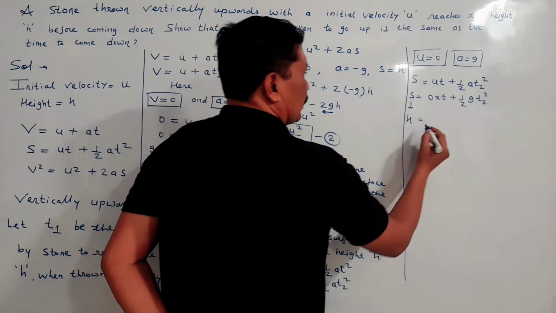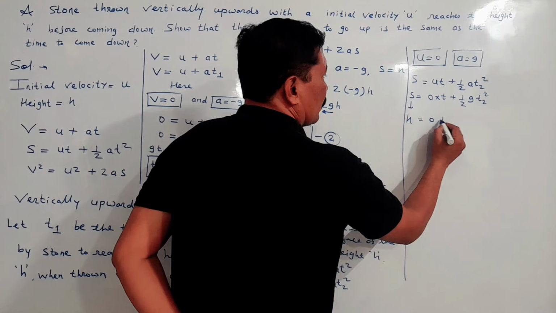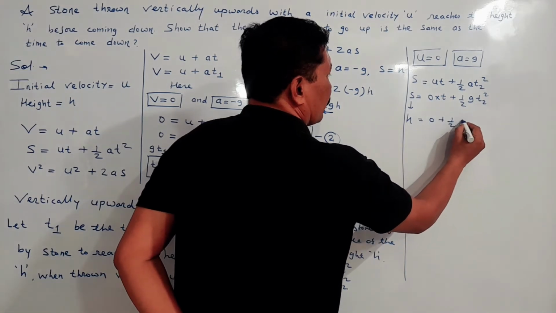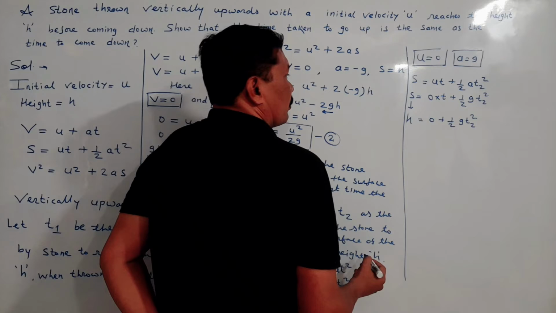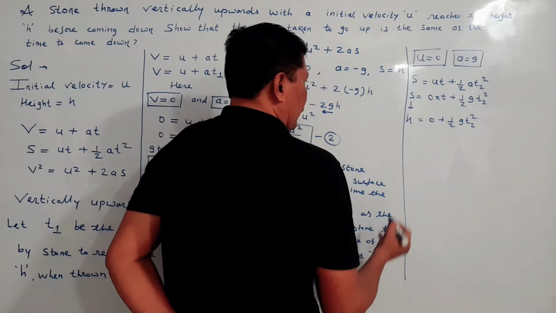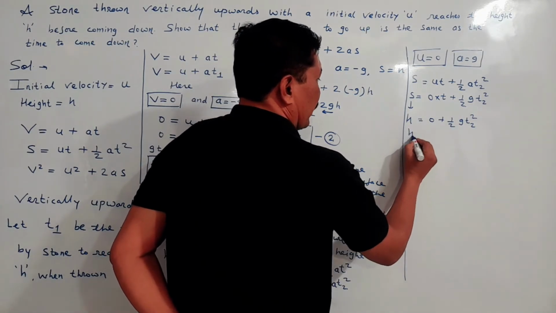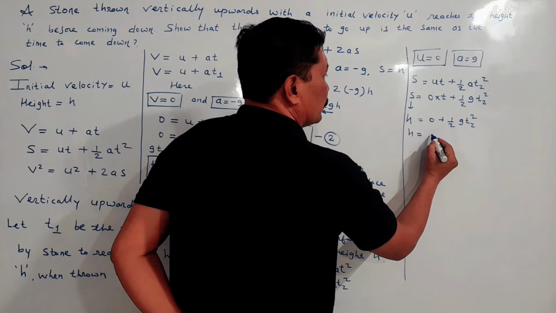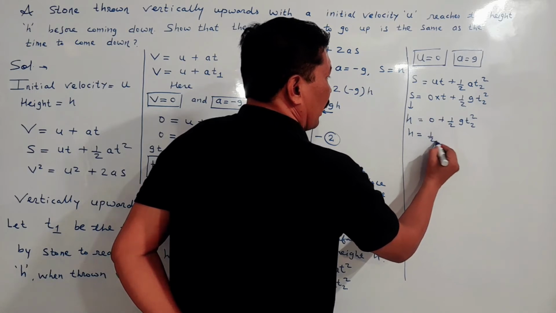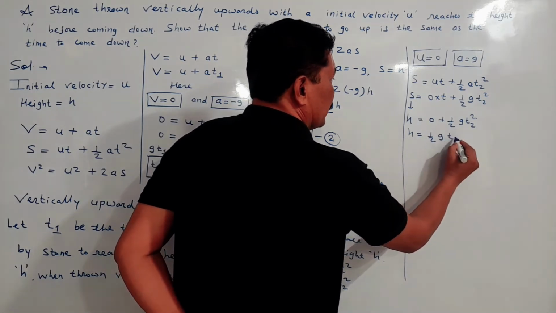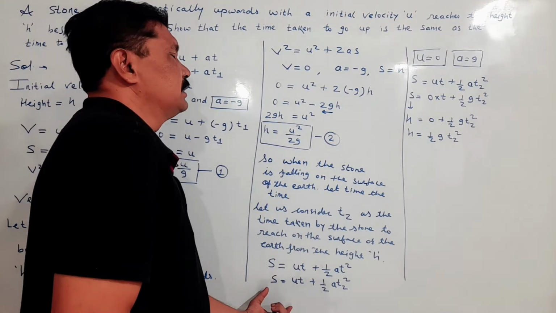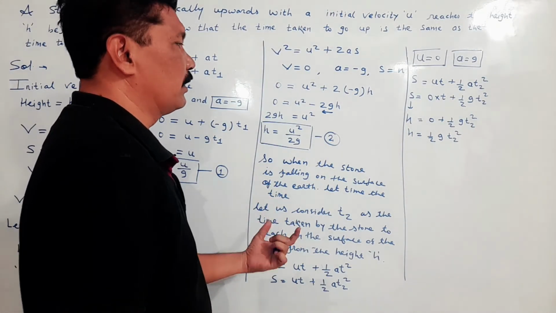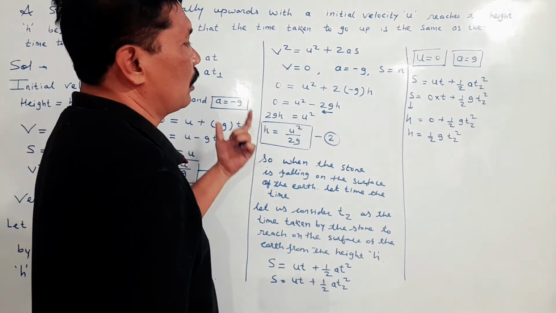So h is equal to 0 plus half g t2 square. So here we can write h is equal to half g t2 square.